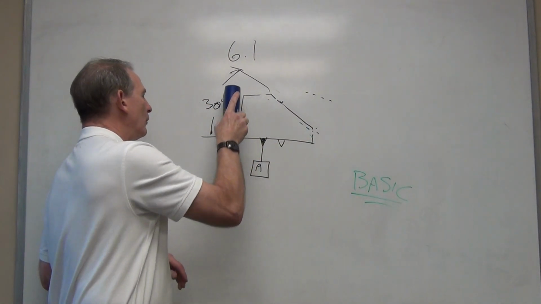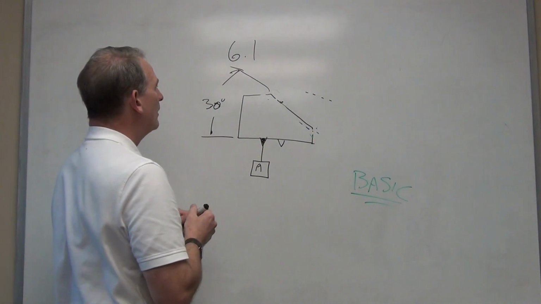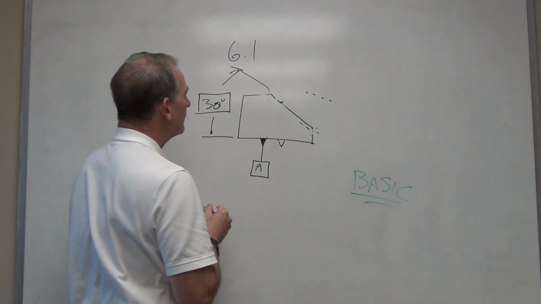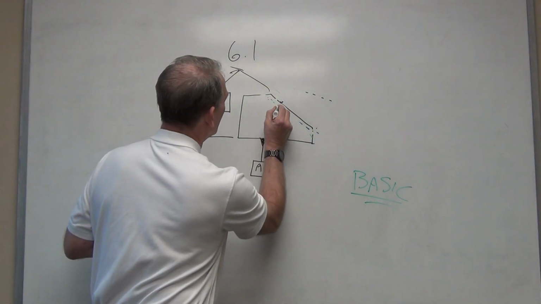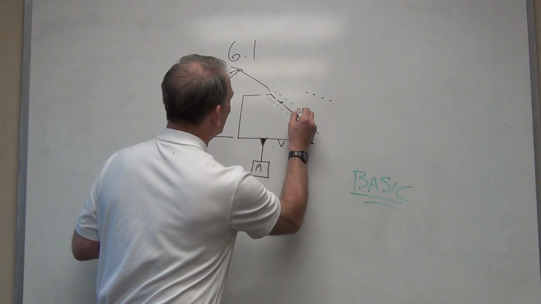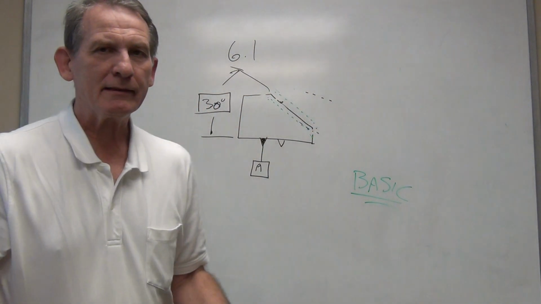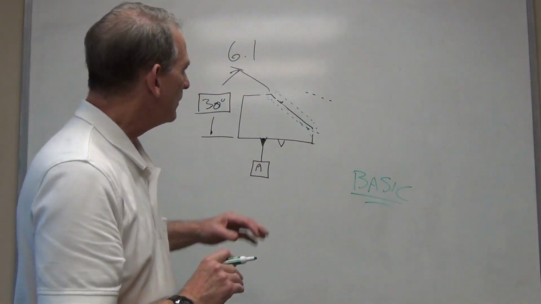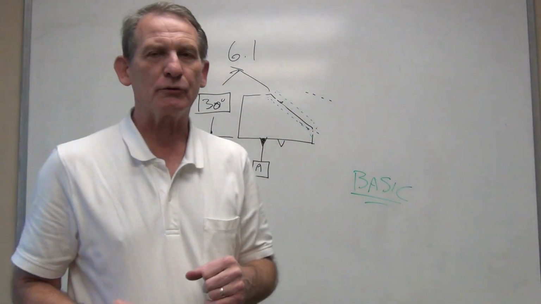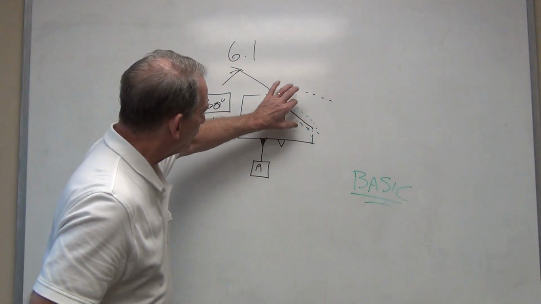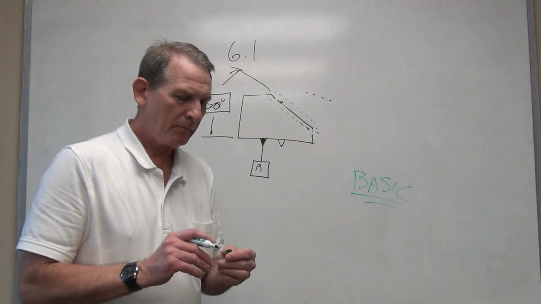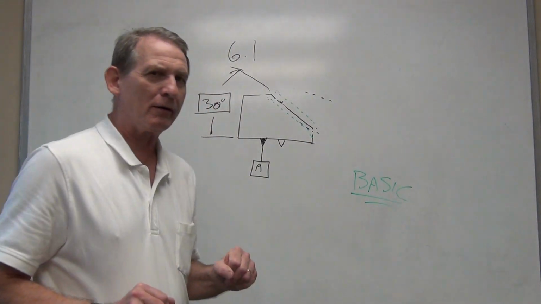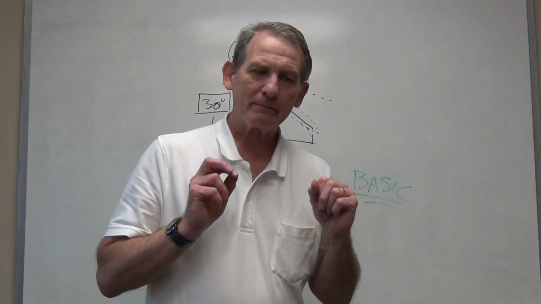So if we take that out, make this basic again, we get a nice uniform, even plus or minus 200 thousandths, total 400 thousandths wide tolerance zone.